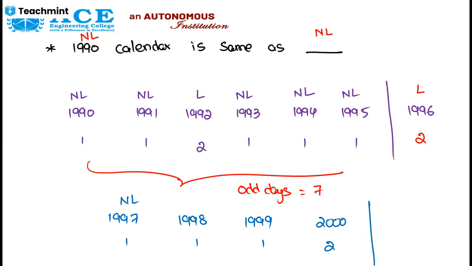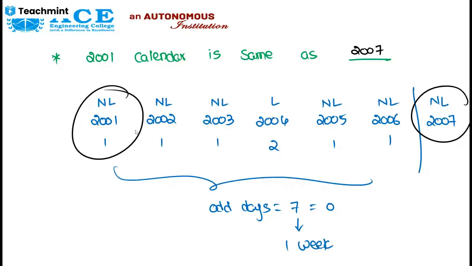Now 2, 4, 5, 7. 7 odd days again came, so I can stop. 2001 is lucky enough to be a non-leap year. So the calendar of 2001 is the same as 2007 in the previous example. Both are the same.